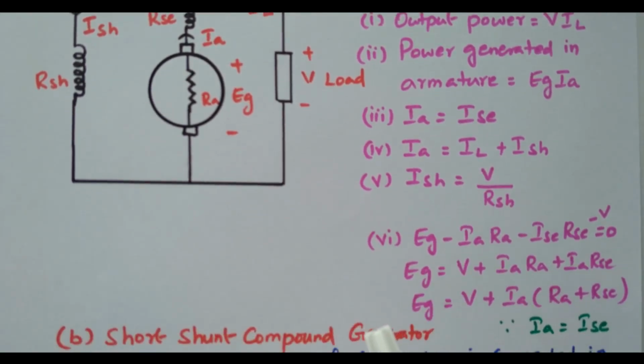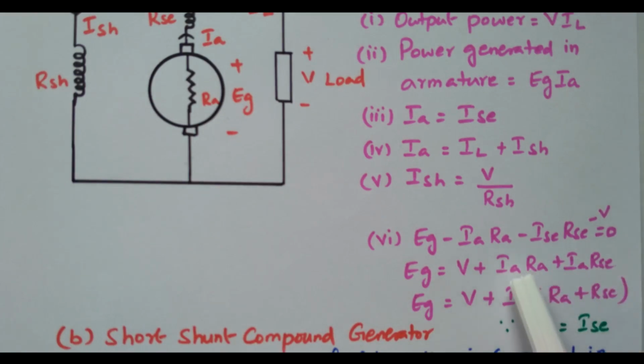Now we will see the voltage equation. EG minus IARA minus ISC RSC minus V equal to 0, right. So this is the generated EMF, that is converted into the sum of the voltage dropped across armature resistance, the voltage drop across series field winding, and the voltage across the load terminal. Or otherwise you can write it as EG equal to V plus IARA plus IARSC, right. So the generated voltage equals terminal voltage after this drop.